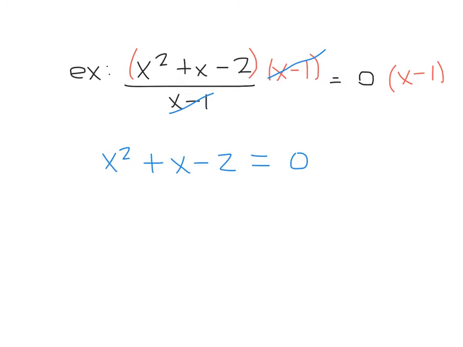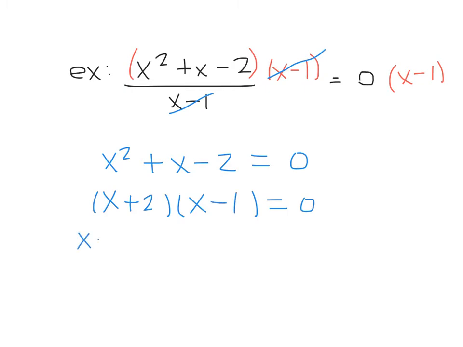So we will try to factor. We have leading coefficient of 1, so that means that we're going to have two linear factors. They both start off with x. And we want two numbers that multiply to a negative 2 and add to a positive 1. So that's going to be plus 2 and minus 1.